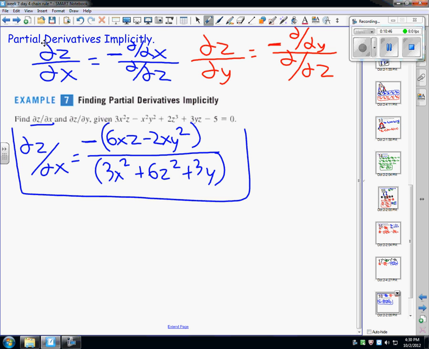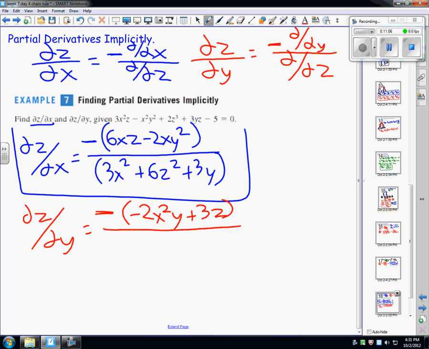Okay? And if I want the partial of z over the partial of y, negative, I'm going to do the y guy on top. So I get negative 2x squared y plus 3z all over. Now I'm going to do the z guy on bottom, which we are going to have 3x squared plus 6z squared plus 3y.